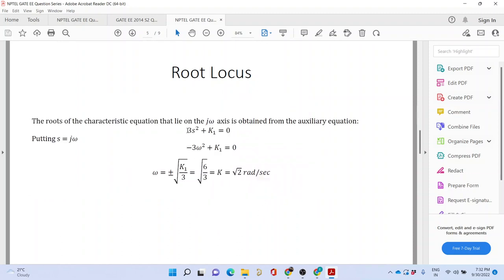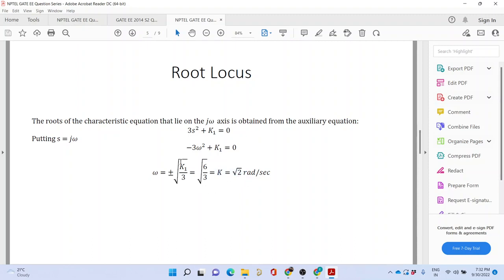To find the intersection, we replace s with j omega, so I have minus 3 omega squared plus k1 equal to 0. Correspondingly we find the frequency at which it is intersecting, and this √2 radians per second has been given to you as K.